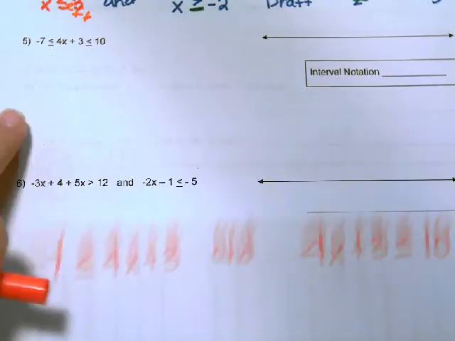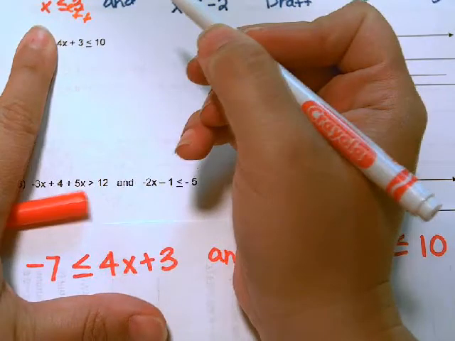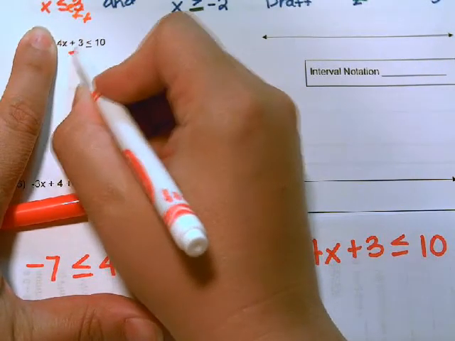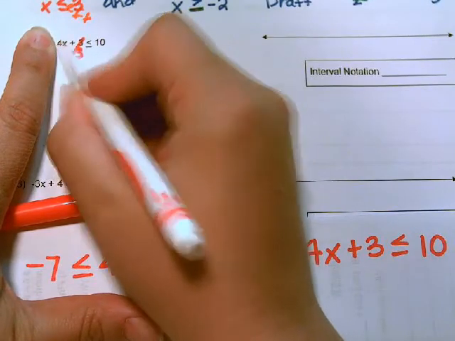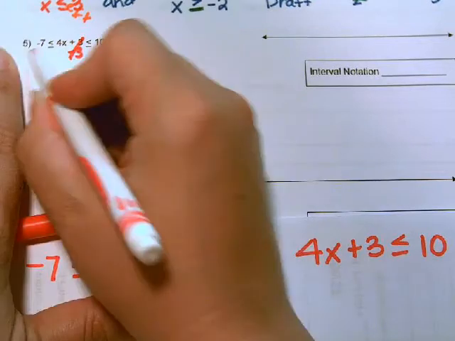The fastest, quickest way to do it is cover this up with your finger so you're not looking at it and solve this like a regular inequality. So we would first subtract 3 to get 4x by itself. But we have two sides, so we have to do it over here.